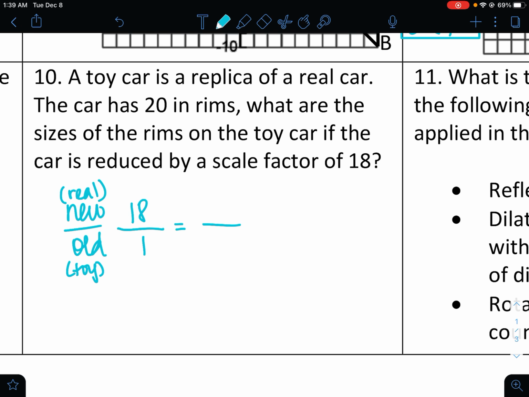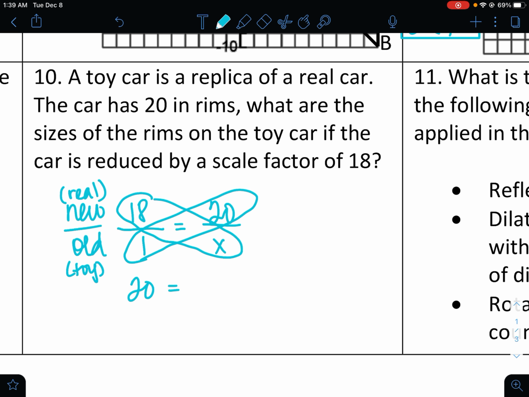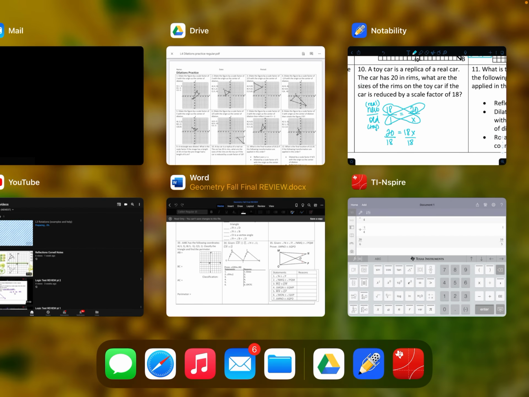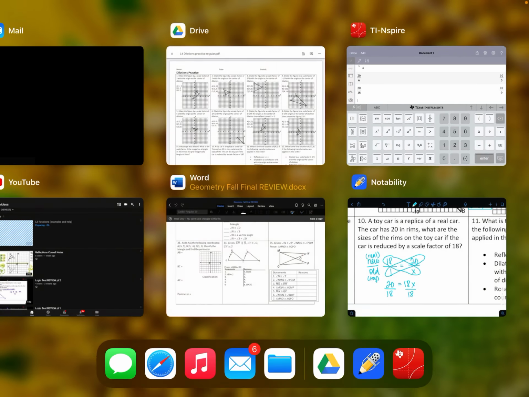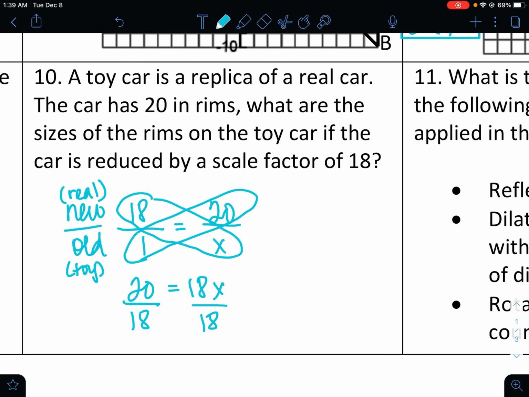Then the real car has 20-inch rims, so I'm going to put that up here. And then we have to figure out this number right there. This is just another way you can do scale factor, by making a proportion. And yes, you can do cross product. So 20 times 1 is 20. 18 times x is just 18x. Then you divide both sides by 18. 20 divided by 18 is 10 over 9.